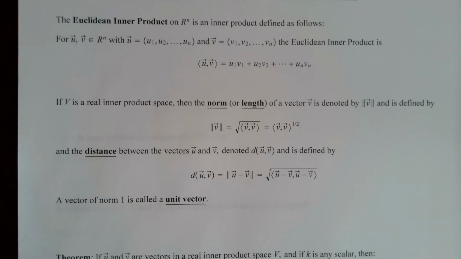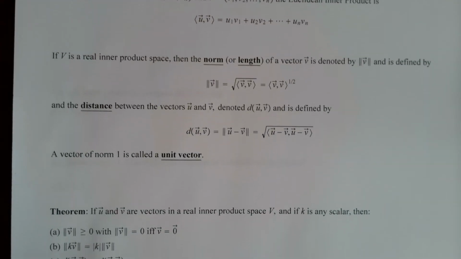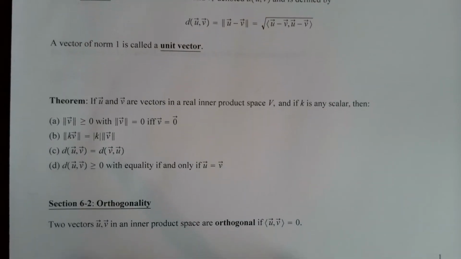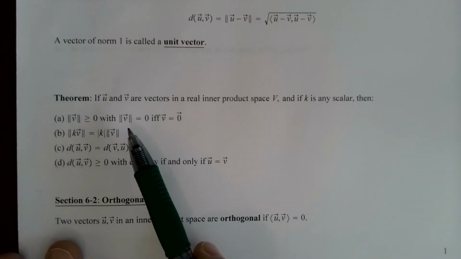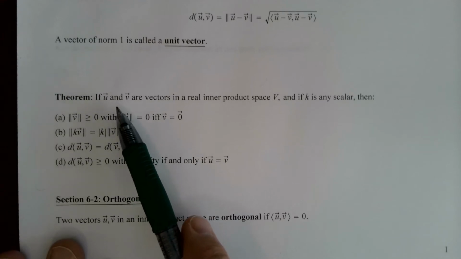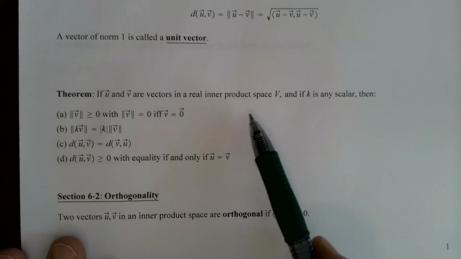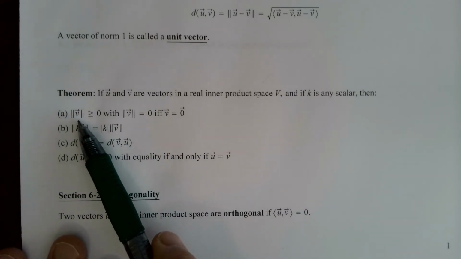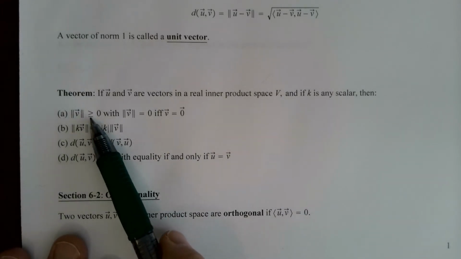And then more importantly, once we have this idea down, we have some other properties, and these are fairly easy to prove. If we have two vectors in a real inner product space and k is any scalar, then the norm of any vector must be greater than or equal to 0.